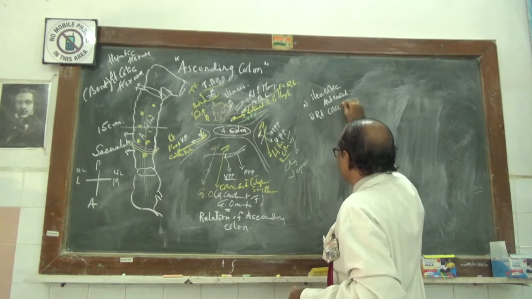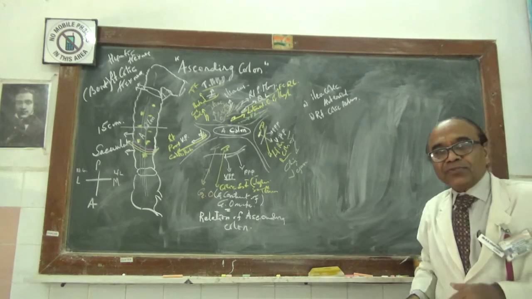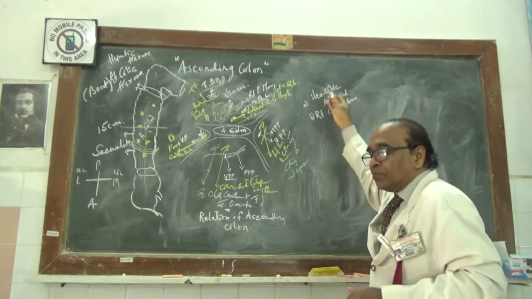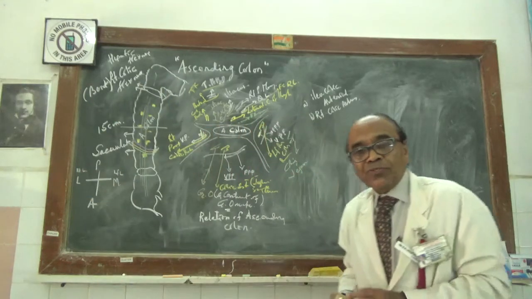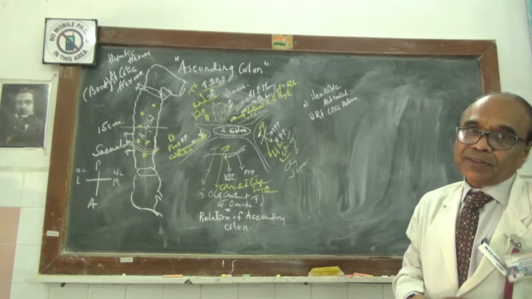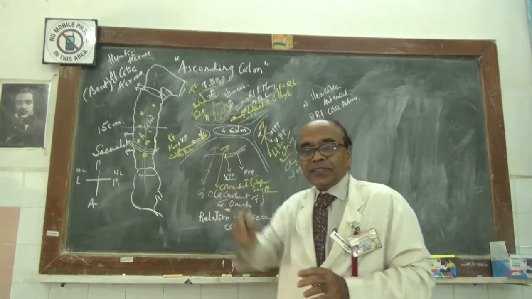This right colic artery is also a branch of the superior mesenteric artery. So by these main trunks, the whole length and caliber of the ascending colon will get supplied. Those are called the colonic arteries, especially for the ascending colon.